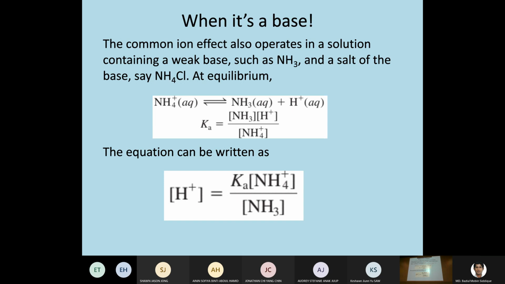Is the solution it produces acidic, basic, or neutral? Sodium chloride produces neutral, right? Potassium chloride produces neutral. Ammonium chloride, does it produce acidic, basic, or neutral? There is one chat, I think.